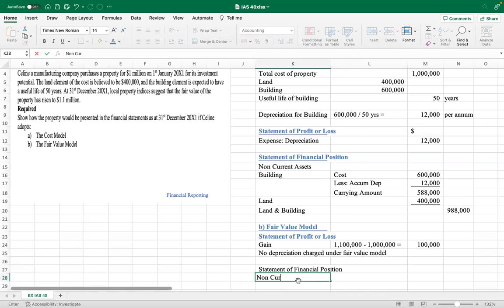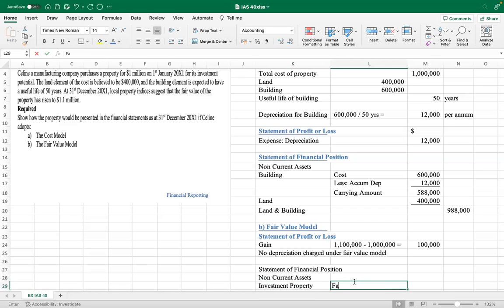Under non-current assets, we show the investment property with its fair value. We disclose the fair value of investment property, which is 1.1 million.